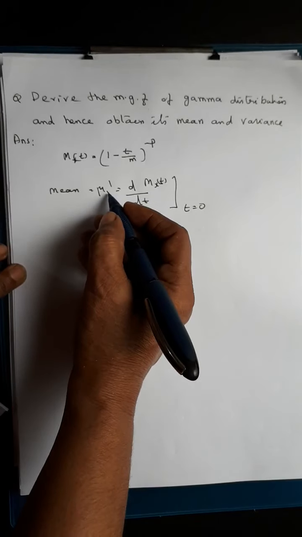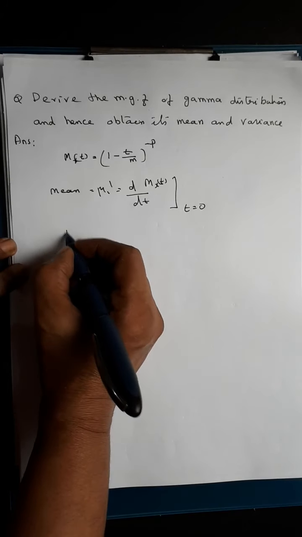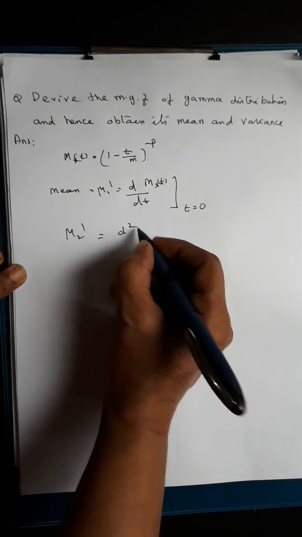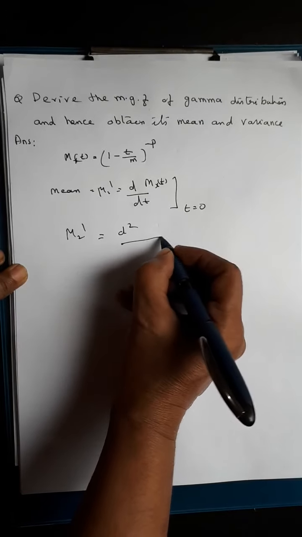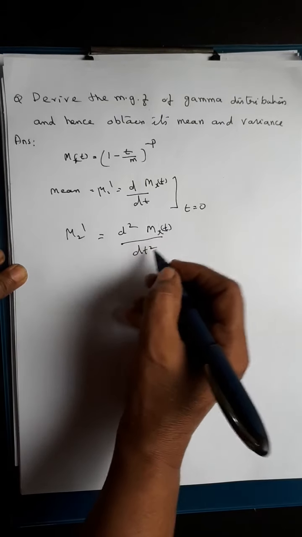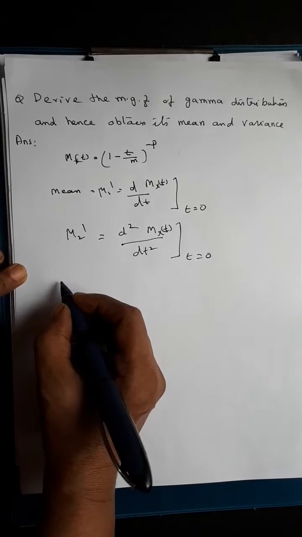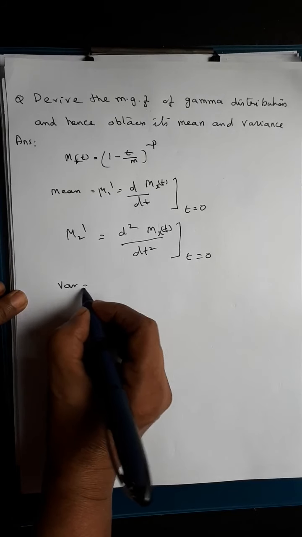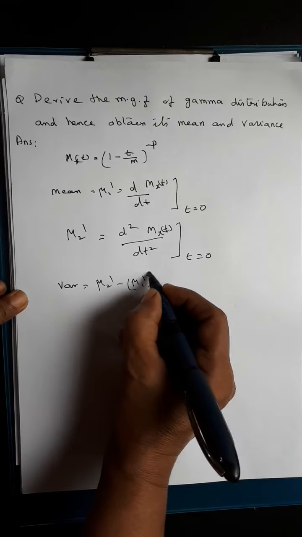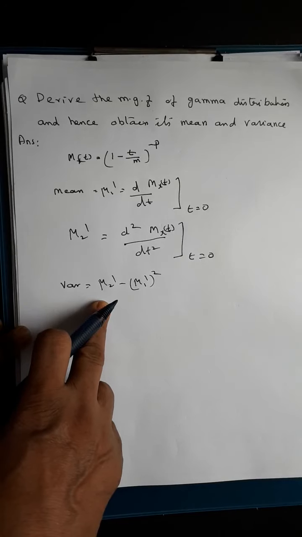And for finding variance, we have to find mu 2 dash. What is mu 2 dash? Mu 2 dash is d square by dt square Mx(t), that is second derivative of moment generating function at t equal to 0, and variance is equal to mu 2 dash minus mu 1 dash square.